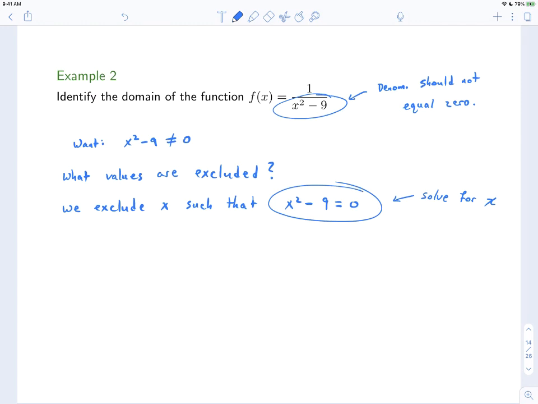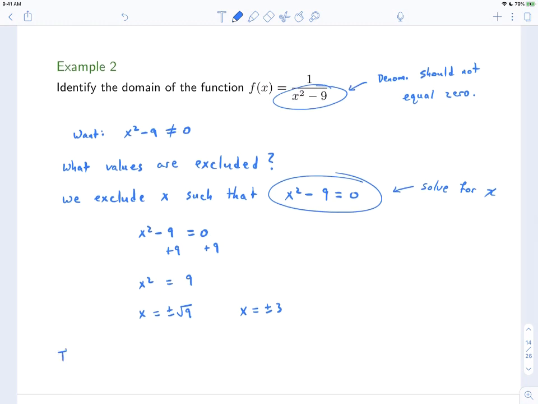So x squared minus 9 equals 0. Just add 9 to both sides, so then we have x squared equals 9. Now we can compute the square root of both sides. So x is going to be equal to plus or minus the square root of 9. So what does that mean? x is equal to plus or minus 3. So that means we're excluding x equals 3 and x equals negative 3.